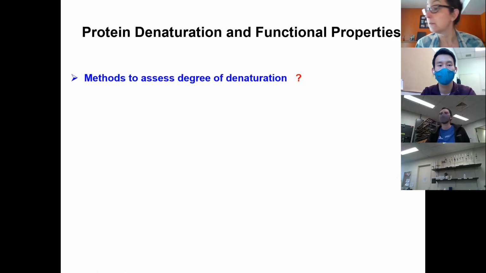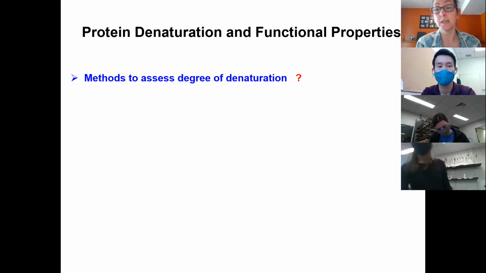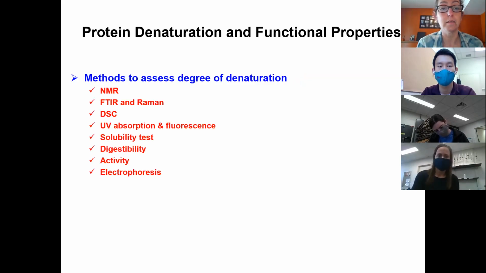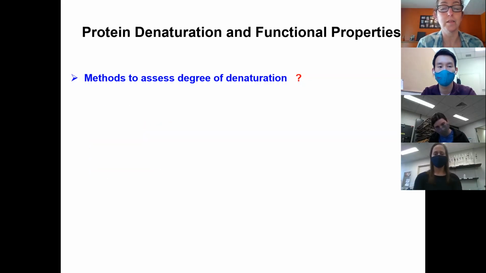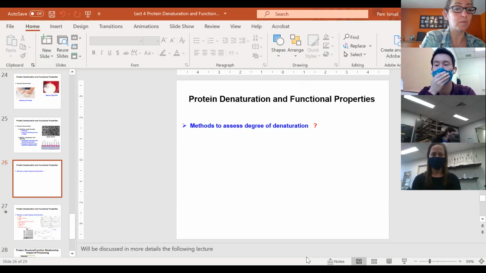Okay, can we list a few methods to assess the degree of denaturation? DSC. DSC, yes. So other than DSC. Let me see, I have examples. Okay.